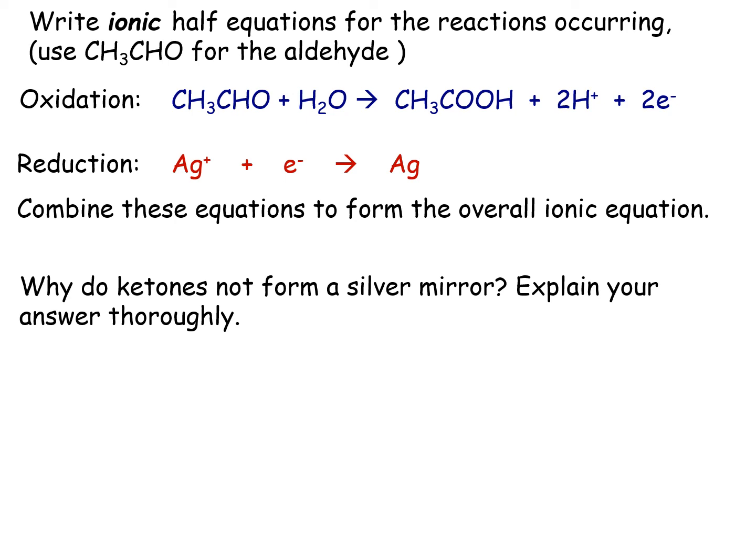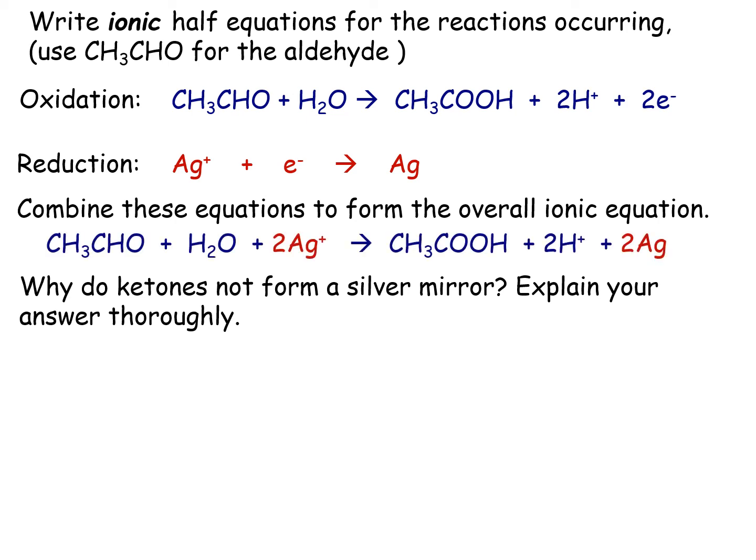So before we combine these 2 half equations, we would have to multiply the reduction one by 2. And that allows us then to cancel out those electrons, because an overall equation wouldn't have electrons in there, okay? So in effect, it's a little bit like you're putting a big number 2 in front of the Ag+ and Ag solid. You're balancing the equation.